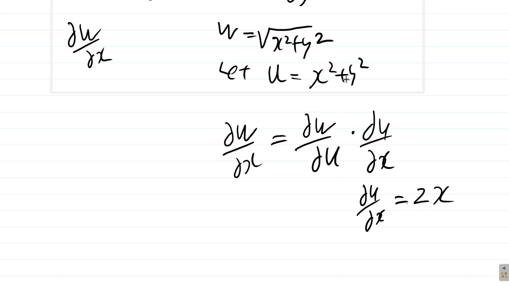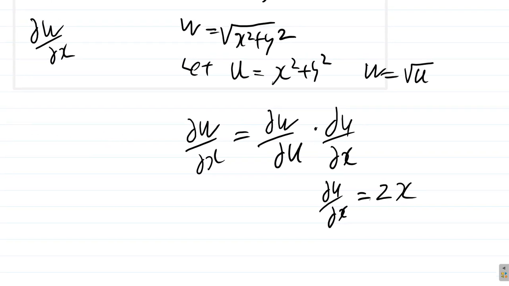When you write u equal this, it means w is the square root of u. Well, you need to write it in a way that you can differentiate it. So write it as u raised to the power of a half. See that? So w is equal to u to the half.